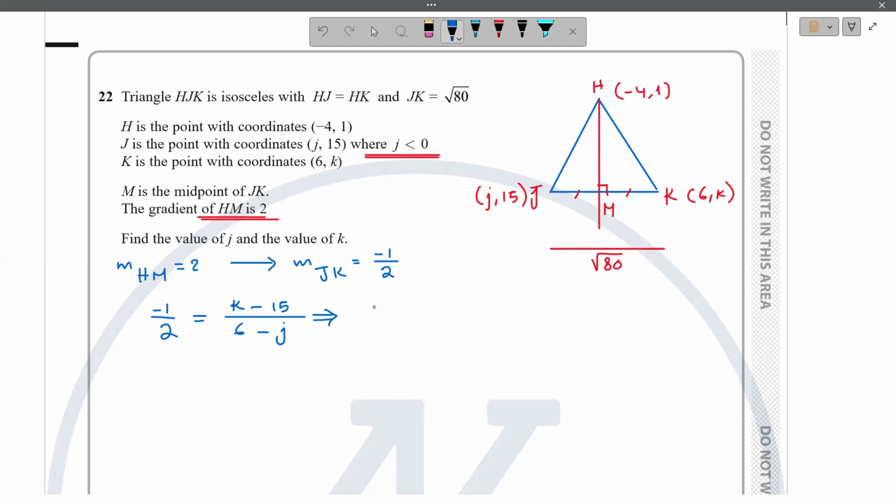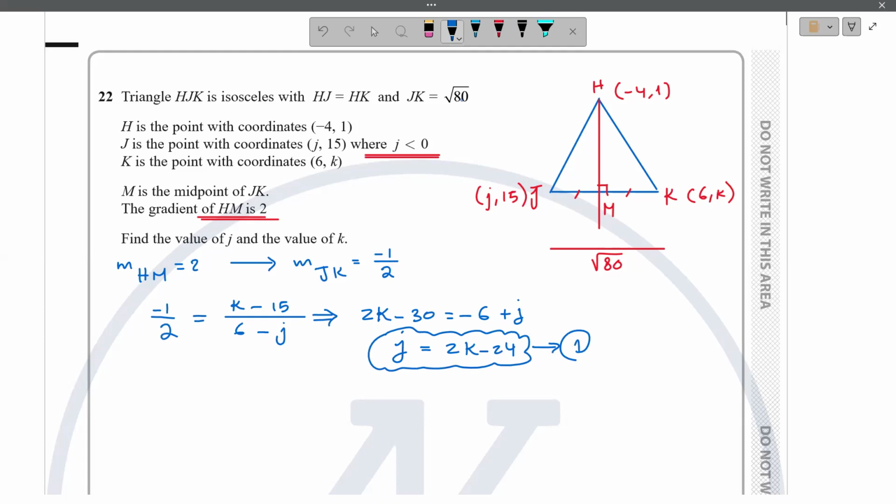So it's 2k minus 30 equal -6 plus j. So we can write that j equals 2k minus 24. And this will be our first equation.